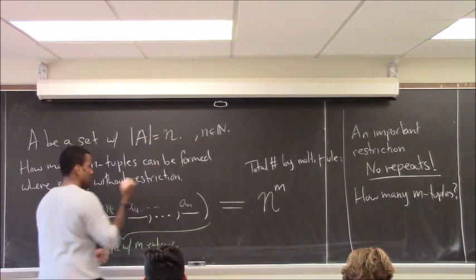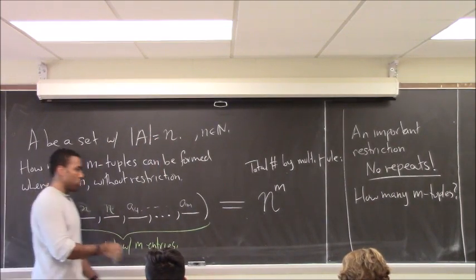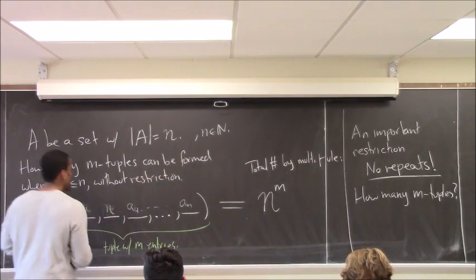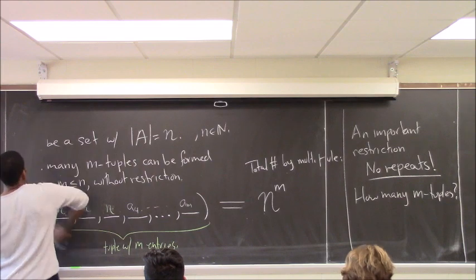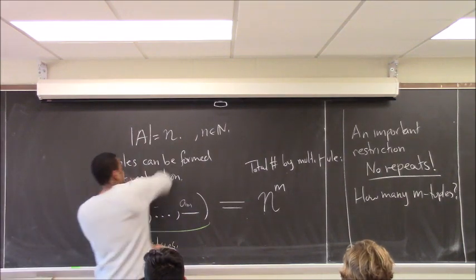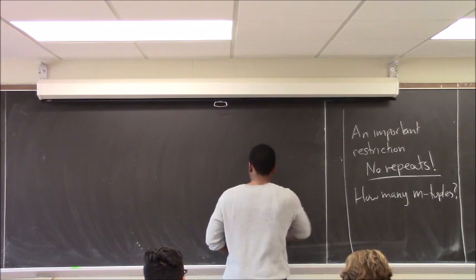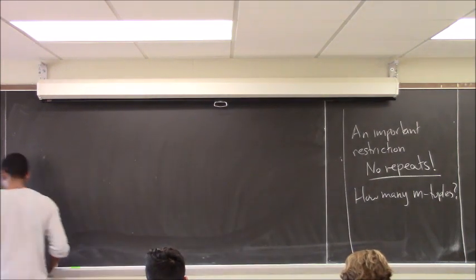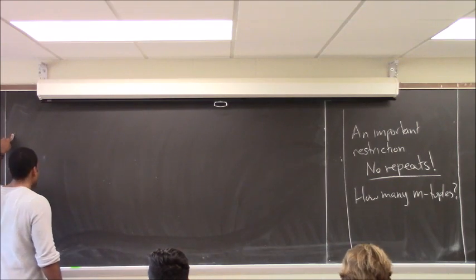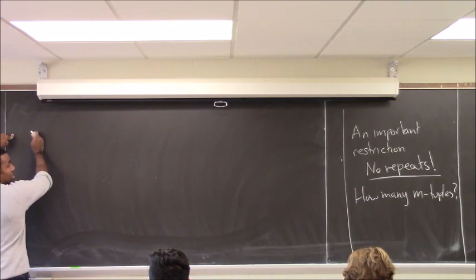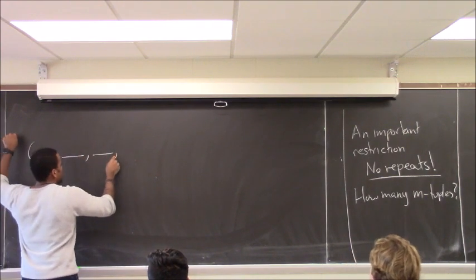I'm going to pick a random person out of that and put it into a coordinate. But once I choose someone, I can't choose them again. I'm not allowed to repeat. So this one, no restriction. You can repeat if you want. There will be n to the m. Okay, so we have again m coordinates.